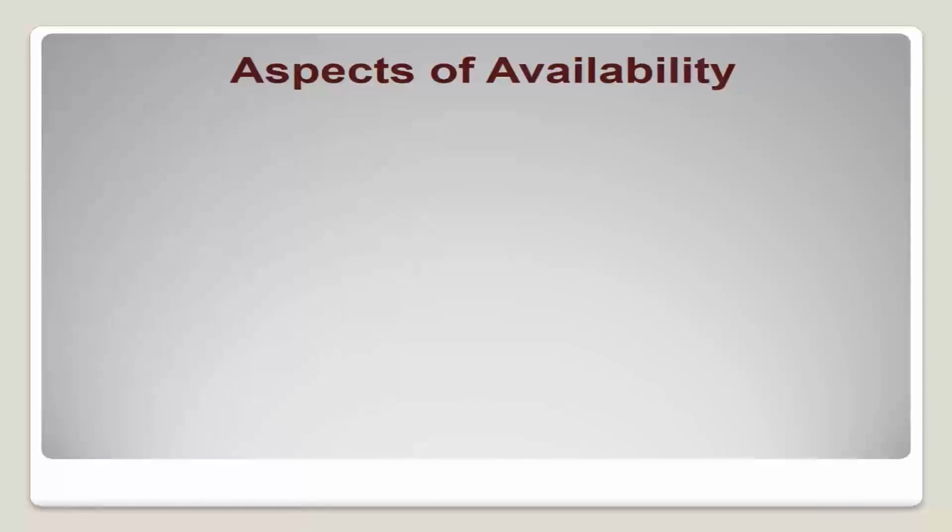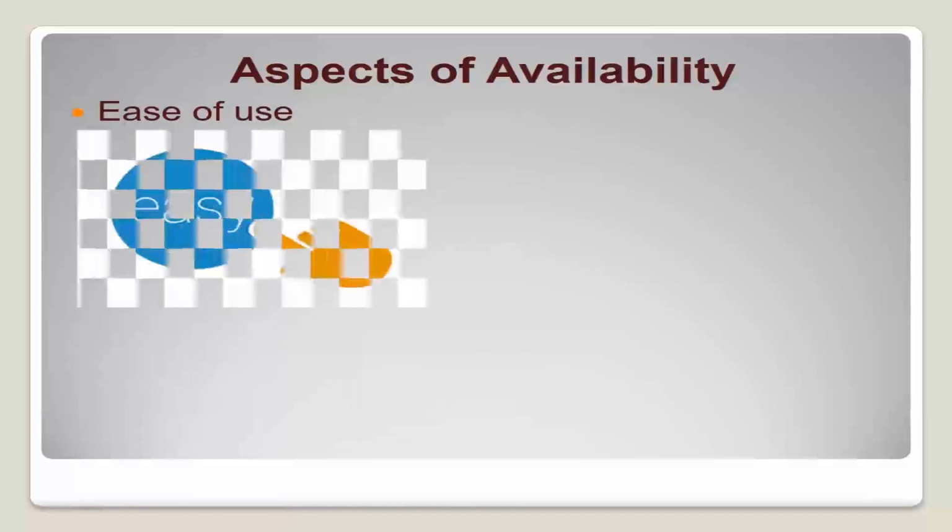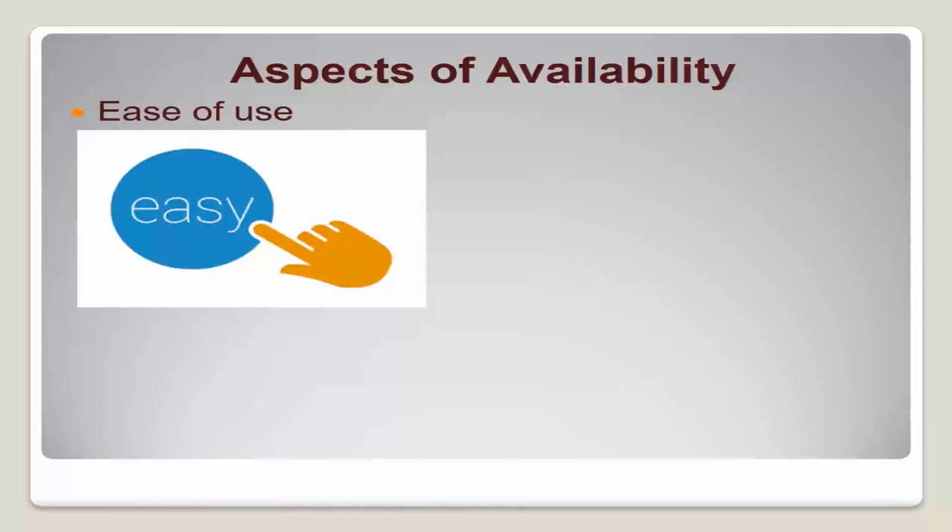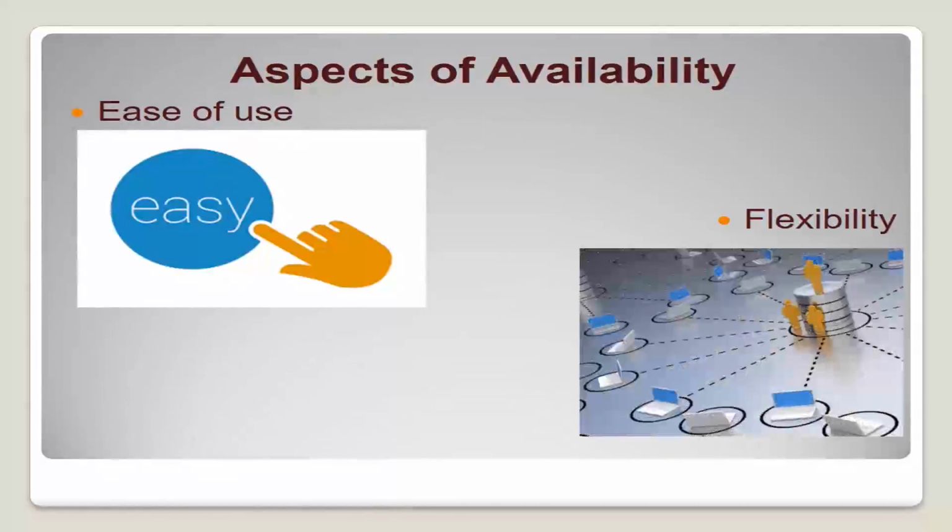First aspect of availability is ease of use. Resources managed by the users for working with the database should be effectively managed so that it is available all the time to valid users. Second aspect is flexibility. The administrator must have all the relevant tools for managing the user population.